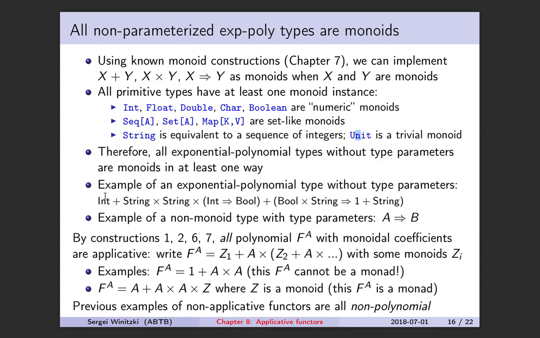So here's an example. Consider this type expression. In Scala code, this would be implemented as a sealed trait with three case classes, because there are three parts of the disjunction. This is a monoid. I don't have to worry about how to implement it because I have these constructions. And once I decompose this into some of these constructions, starting from primitive types, I can just generate the monoid instance automatically or mechanically.